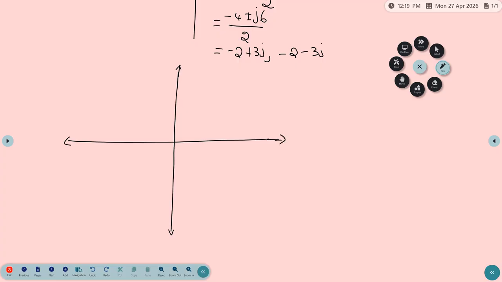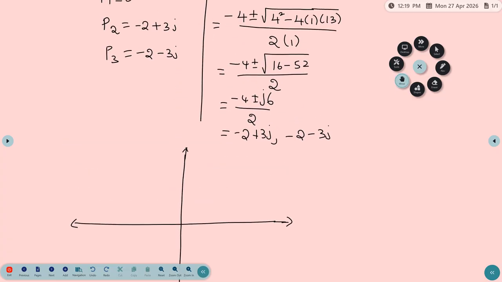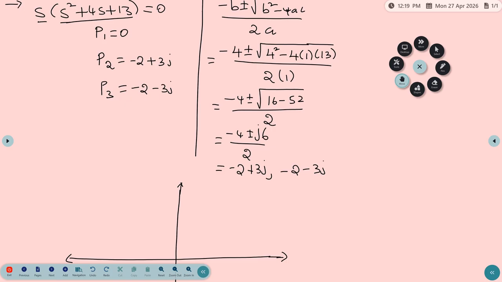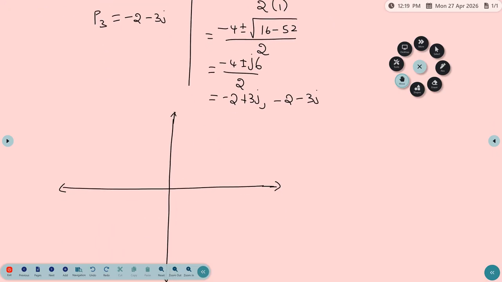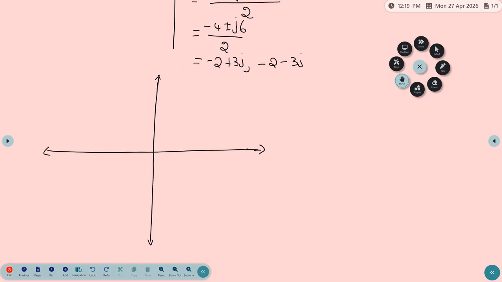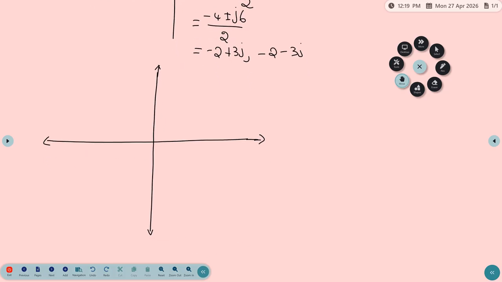Then we should make the scaling for this. Since there are no zeros, we don't care about them. We have poles. P1 is 0, very simple. P2 and P3 have a real part and an imaginary part. The real part is minus 2, the imaginary part is plus 3j, minus 3j. So in our graph sheet, we have lots of whole boxes.